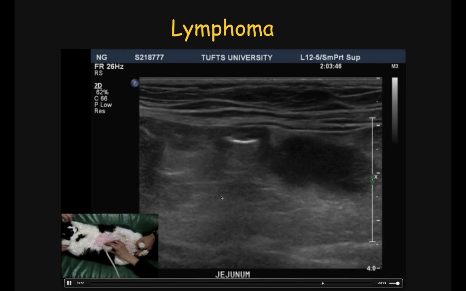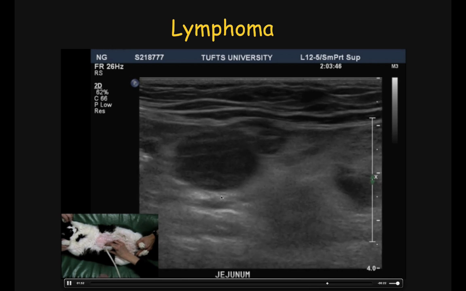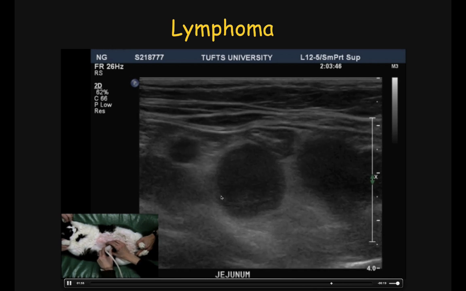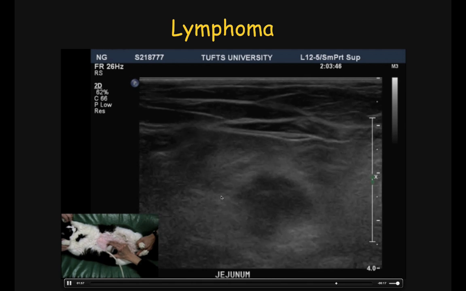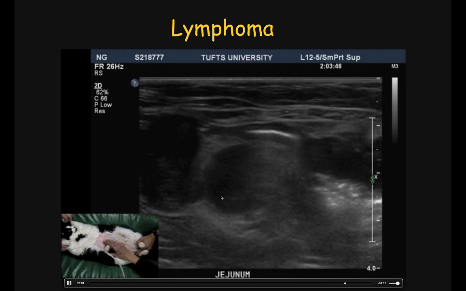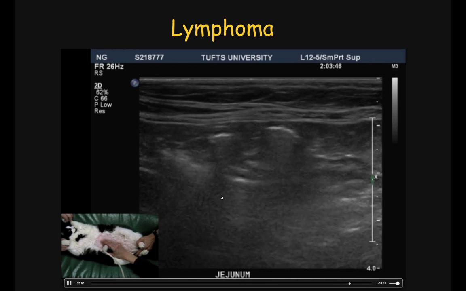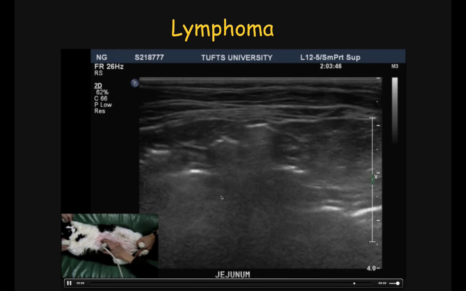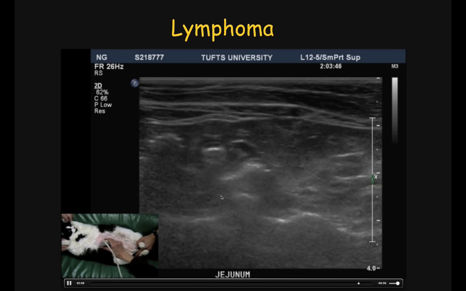Then the combination of these two features, the intestinal mass and the massive jejunal lymphadenopathy, is strongly suggestive of round cell neoplasia, and a fine needle aspirate would be the next logical step to take in this cat.